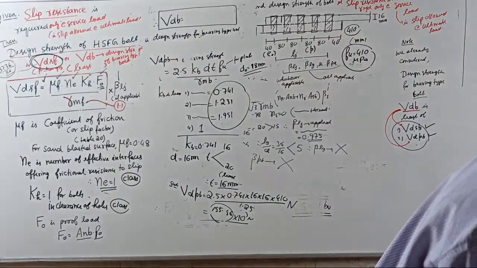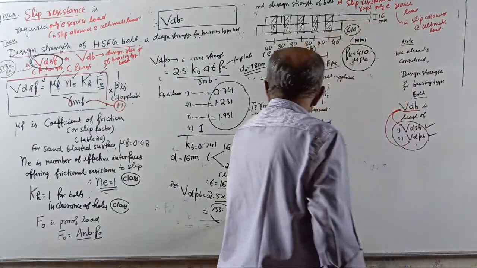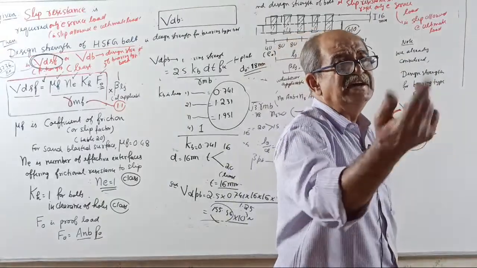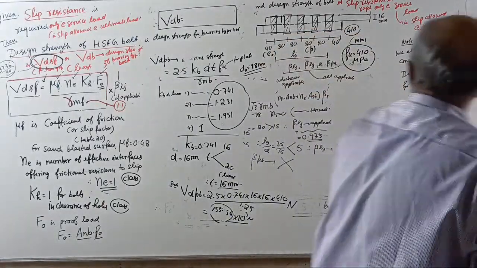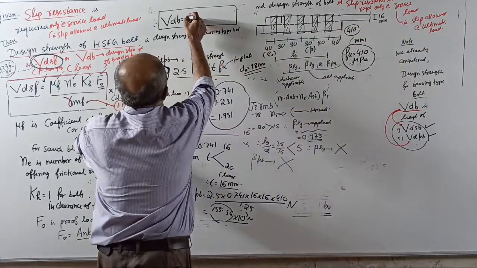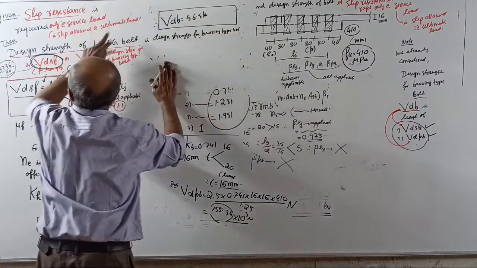Answer. Therefore, design strength. How much? You are not answering. This is the bearing strength. We already got shear strength. Tell the design strength. 56.5 kilonewton. Okay. Therefore, last answer.